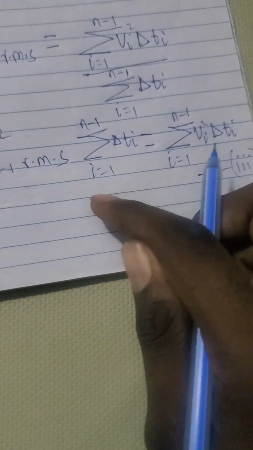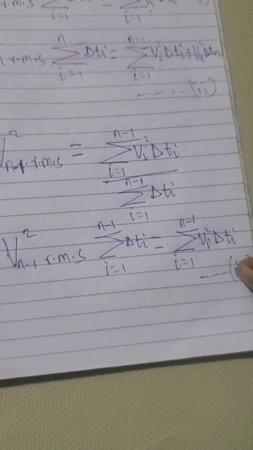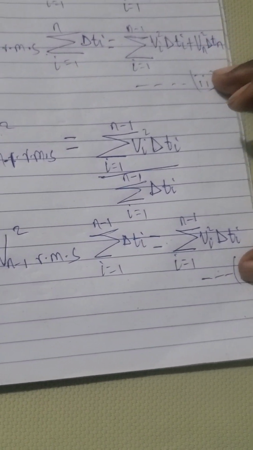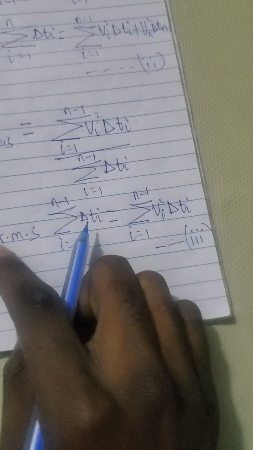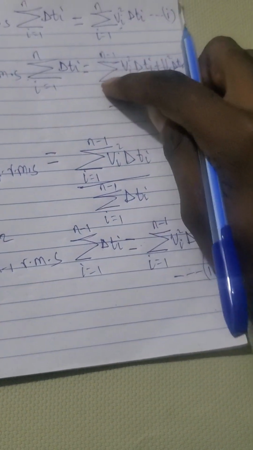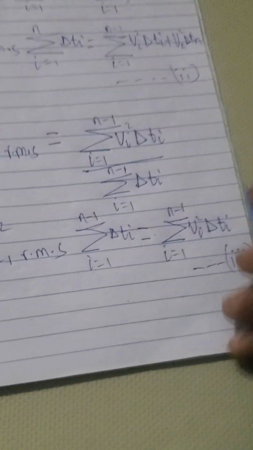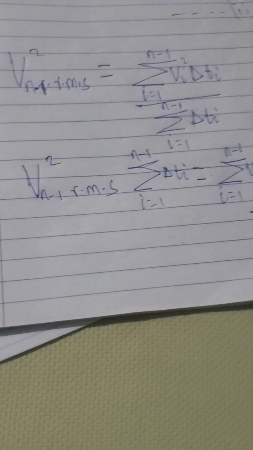If you look carefully at equation number 3 and look again at equation number 2, you will find that this term here, which is expressed in this way, is also found within the second equation, this term here. And now you can make the substitution.